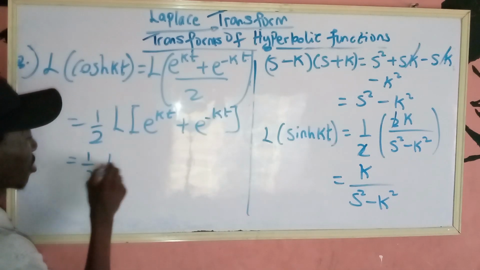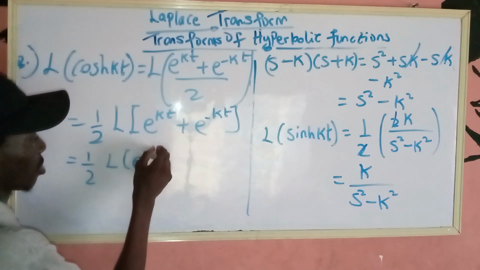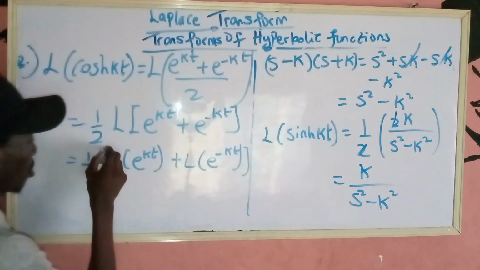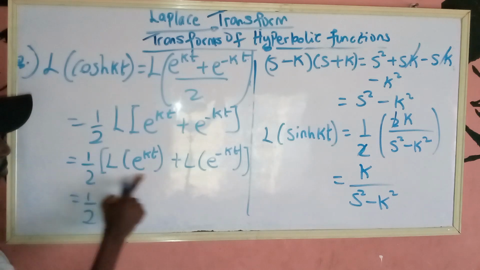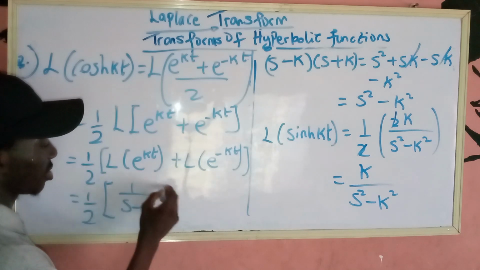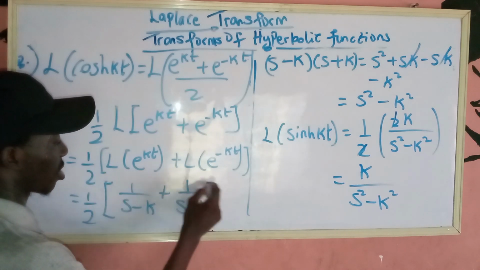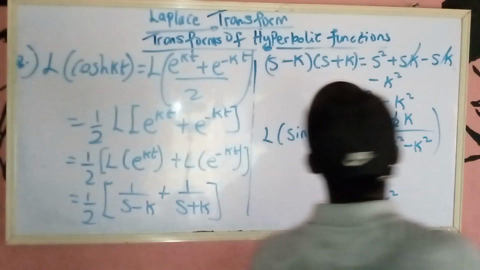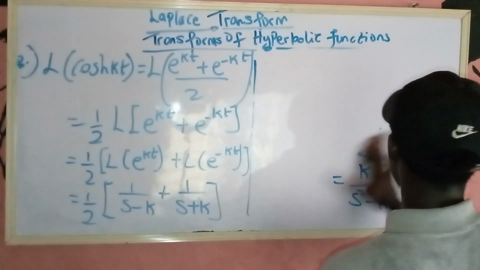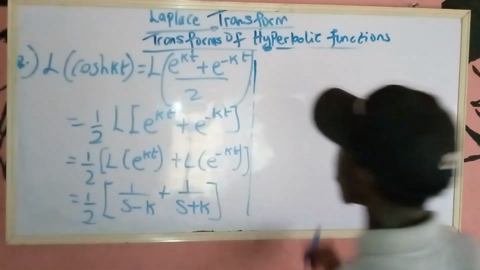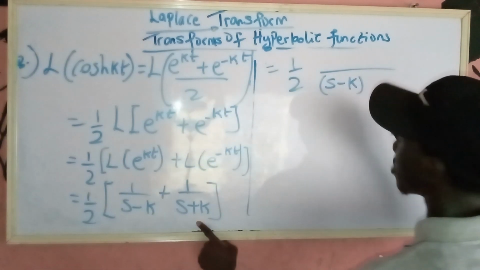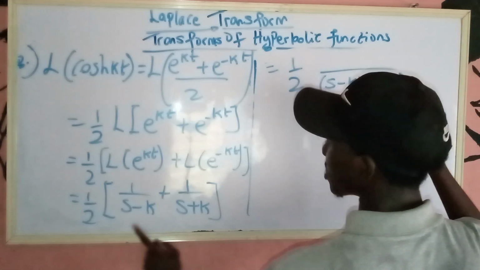So that is the Laplace of this plus the Laplace of this. So what's the Laplace of this? From what I've said before, that is 1 over s minus k, and this is 1 over s plus k. So the LCM here is s minus k multiplied by s plus k.